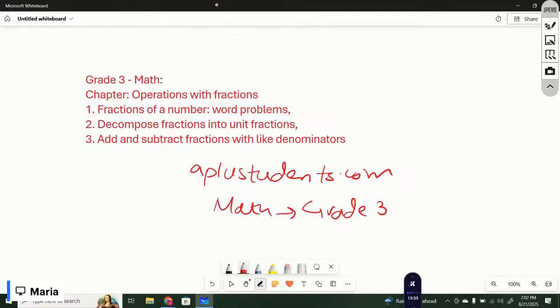We're going to start with the chapter operations with fractions. The lessons we're going to cover today are fractions of a number word problems, decompose fractions into unit fractions, add and subtract fractions with like denominators.